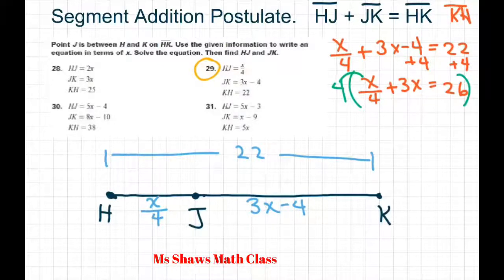So 4 times x divided by 4, the 4's will cancel in this first piece, so that'll just be x, plus 4 times 3 is 12x, and 4 times 26 is 104.